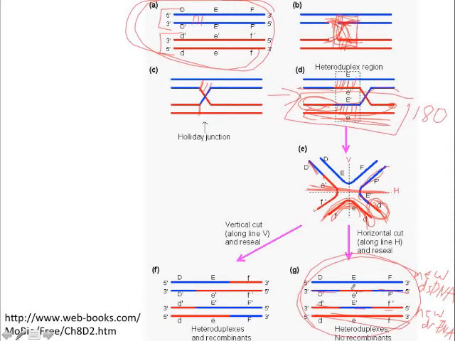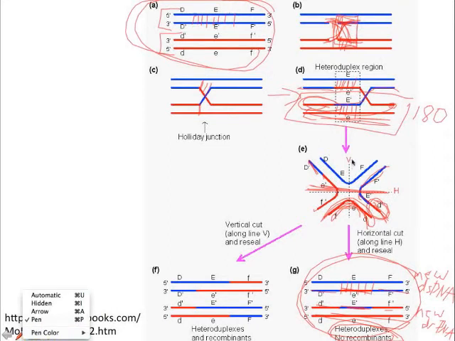But remember, the sequences were virtually identical, possibly completely identical. And so this part right here is basically the same thing as this part right here. And so we don't really get recombinant products. We have basically the same thing as what we had before. Maybe there is one mismatch if the sequences weren't completely identical, but it's basically the same sequence that we had before. But instead, we could cut vertically.